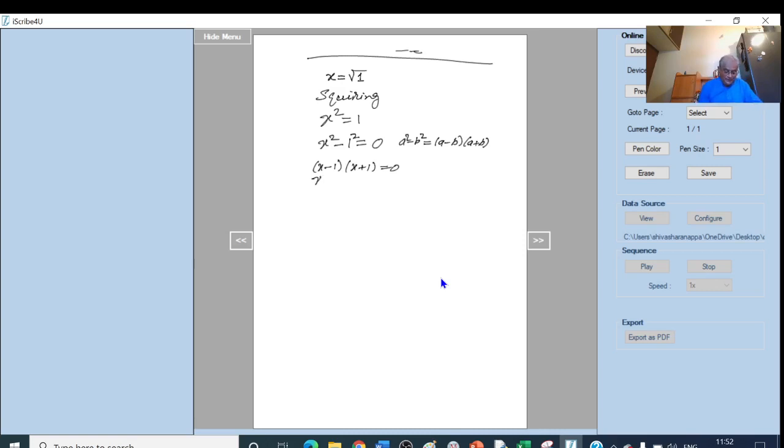So this implies x minus 1 equal to 0 or x plus 1 is equal to 0. Suppose x minus 1 equal to 0, then we get x is equal to 1, and if x plus 1 equal to 0, we get x is equal to minus 1. So x is equal to 1 and minus 1. So these are the square roots of unity.